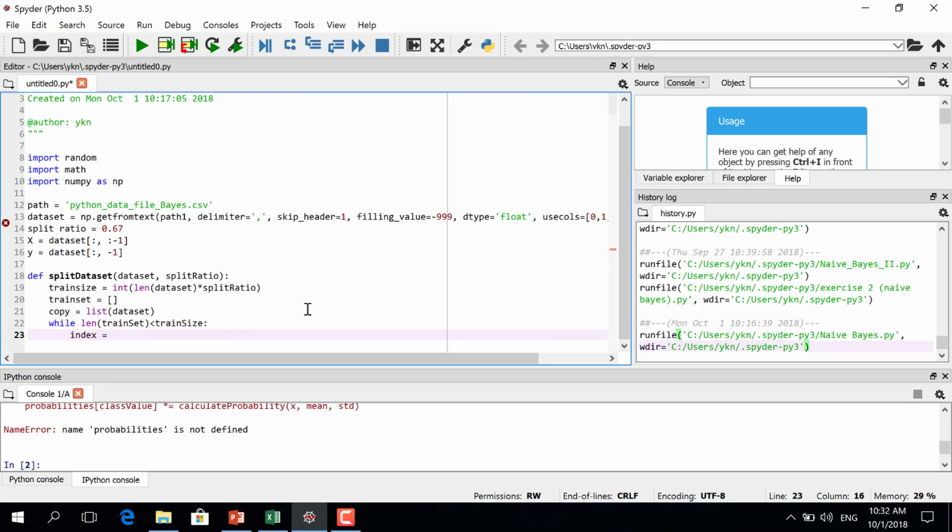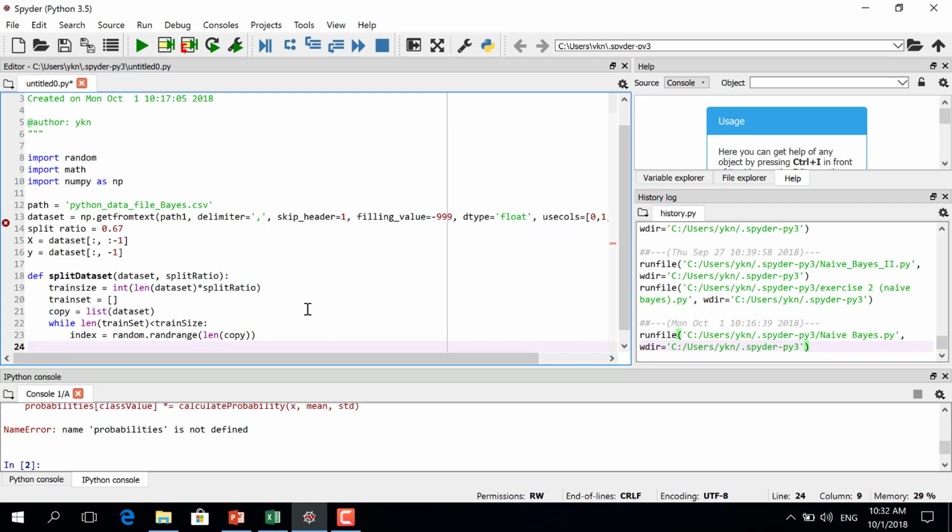Because we pick randomly, we rearrange the data set for training, so that row number 1 maybe can still be number 1, but can also be number 5 or number 6. So it is some kind of shuffling, again to make the data more normally distributed, and range and the length of the copy.